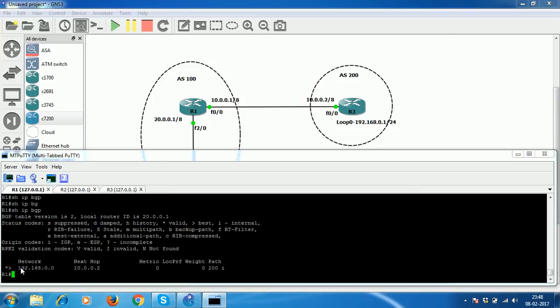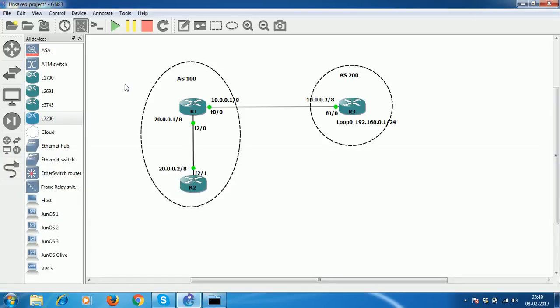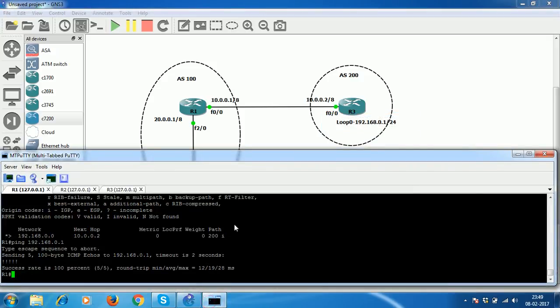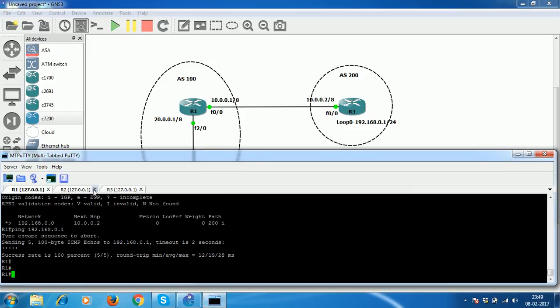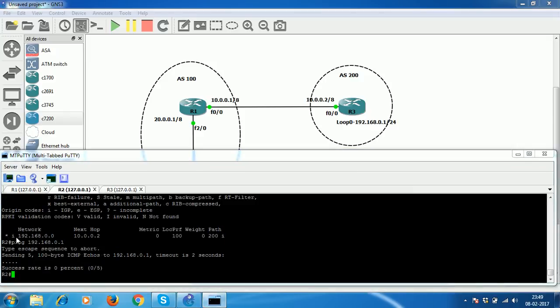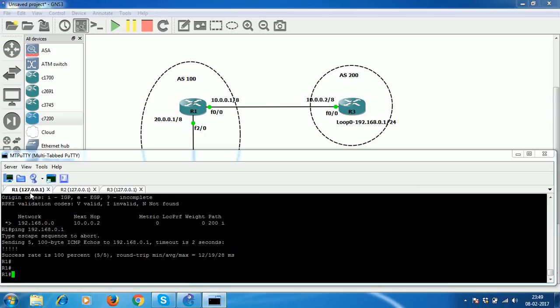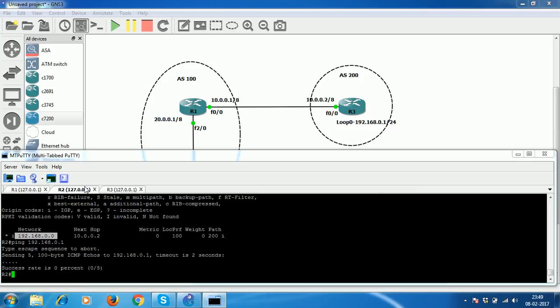But if you go to R1 and ping 192.168.0.1, from R1 you can reach this particular loopback, but from R2 you are not able to reach it. How does that come? Even though R2 can see the 192.168.0 network, R1 can ping but R2 can't.